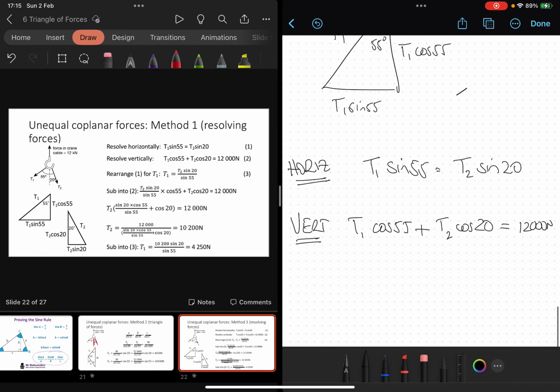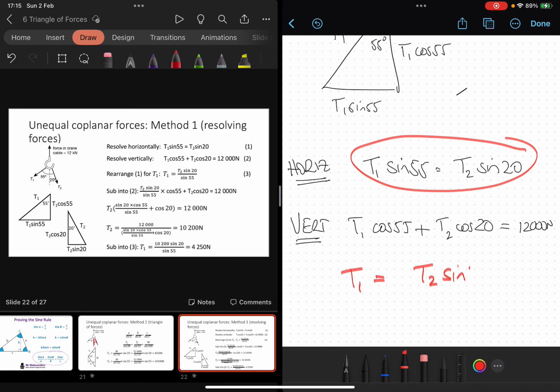Now I need to use both of those together. I can now take this expression here, and I can say that T1 is T2 sine 20 over the sine of 55. So if I call that expression number 1, I can now substitute for T1, and then I can solve it, and I could work out T2.